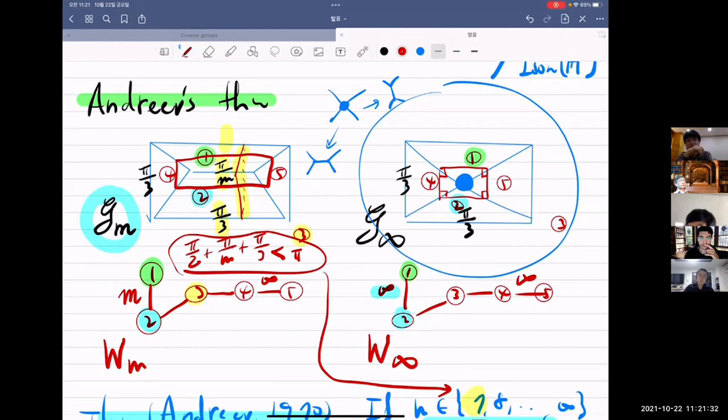And then when M goes to infinity, so M equal to 7, and A is getting bigger and bigger, this edge is shrinking. At some point it becomes this ideal vertex. So from here to here, the right-hand side is a complete hyperbolic polytope, and the left-hand side is a compact one. So from right to left is a polytope version of Dehn fillings.